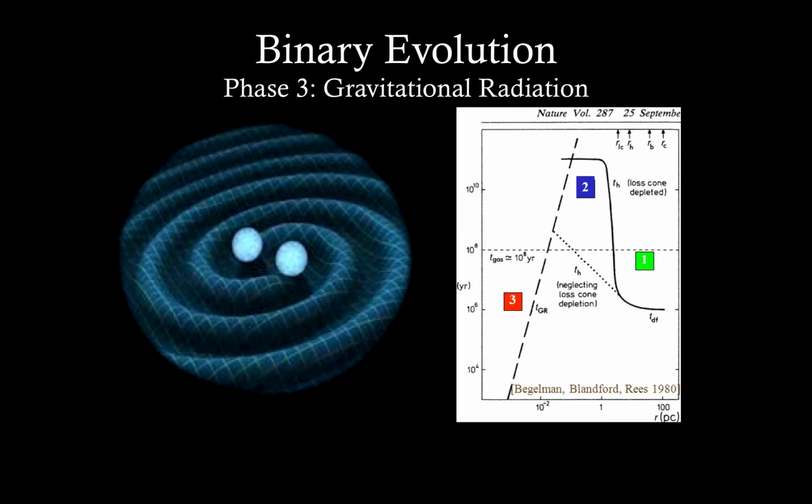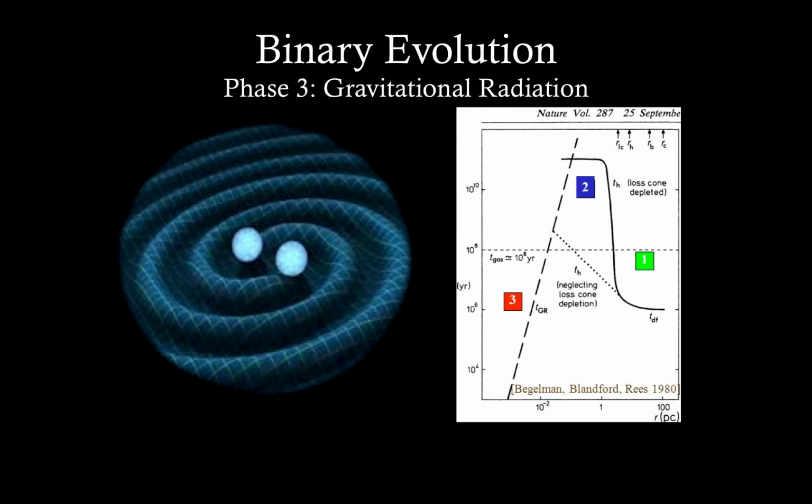And you can see that if that loss cone, which is the population of stars that are on a trajectory that take it close enough so that the binary will slingshot those stars out, if that loss cone, if that population of stars that can potentially be slingshotted isn't refilled over time, then the binary will stall and there won't be any mechanism to bring it down to the gravitational wave regime.